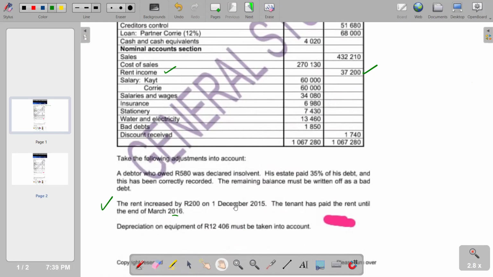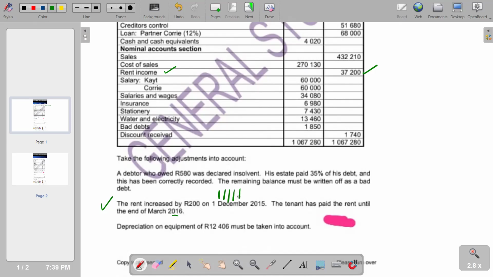With that, the rent for March we need to subtract so that we remain with the rent for the current financial period only, up to 29 February. So we need to find out the rent for March. To find it out, we count the number of months since the rent was increased. It increased on 1 December, so December, January, February, March.